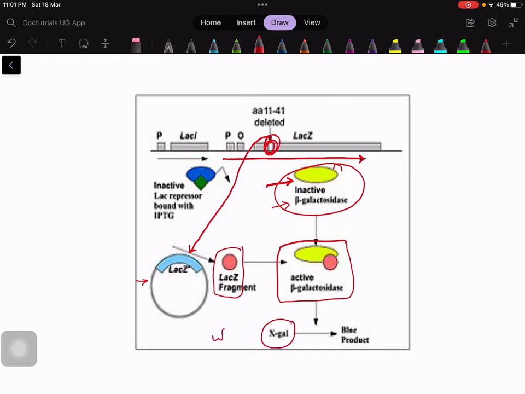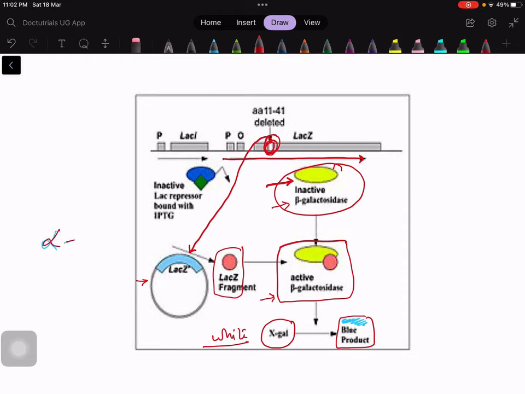This is white in color, and if the active beta galactosidase is assembled, the X-gal will get converted into the metabolite which is blue in color. So this is the alpha complementation.